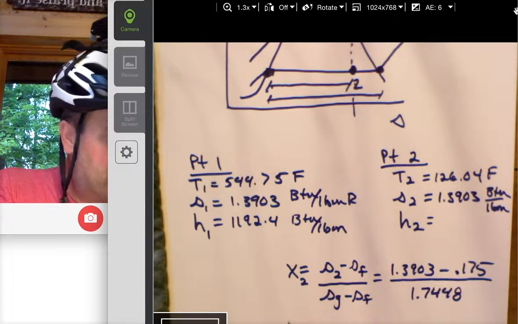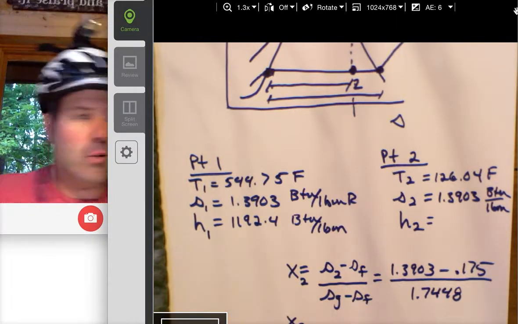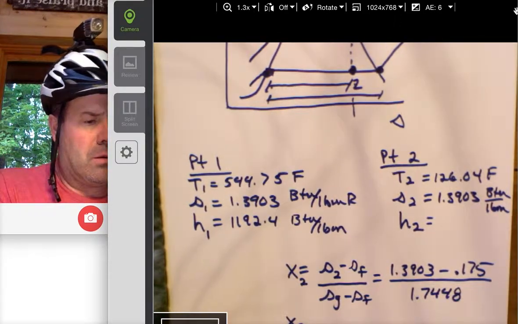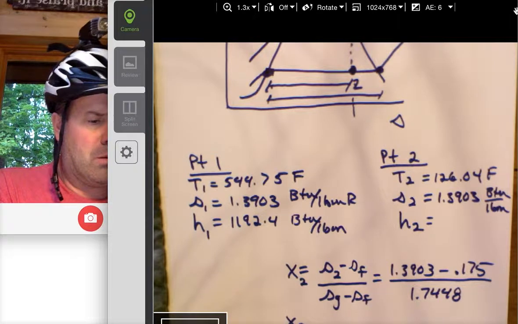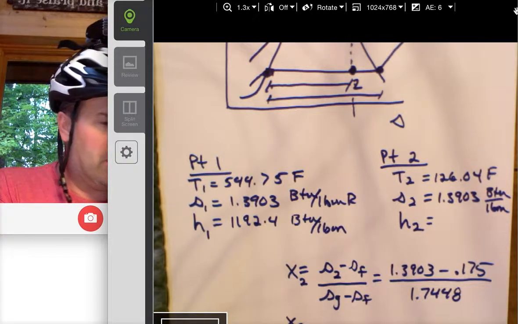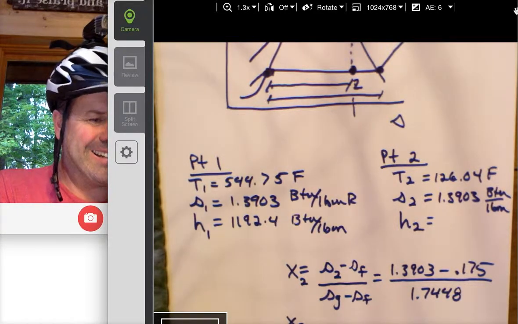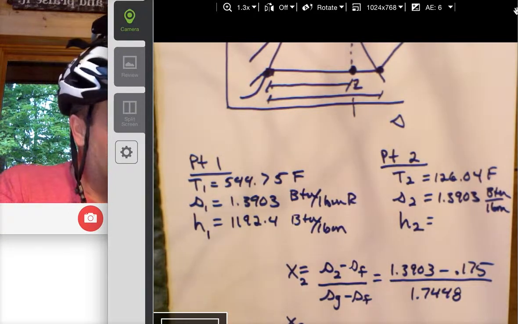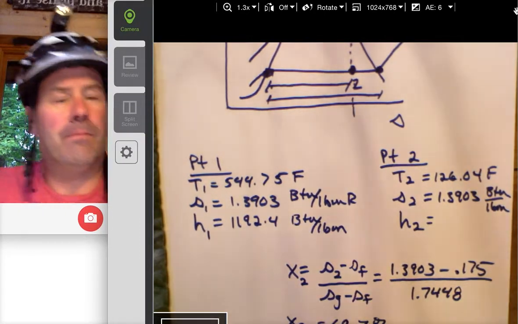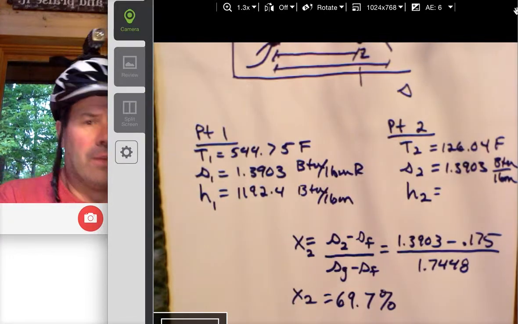If you do the math, and I do need to do the math, 1.3903 minus 0.175 divided by 1.7448 equals 0.697, so 69.7%.